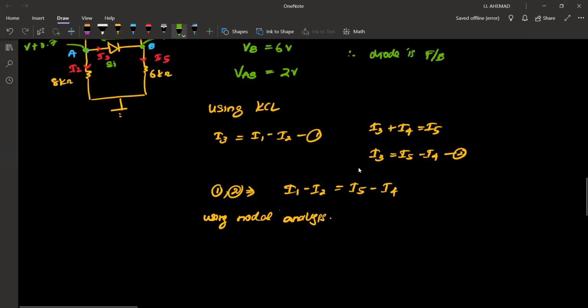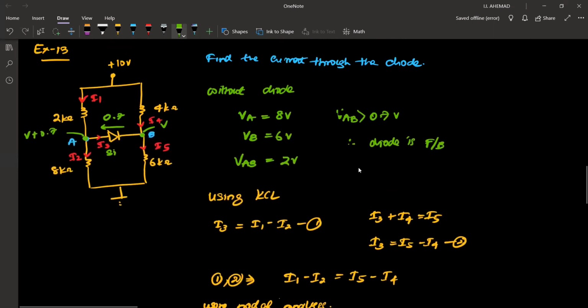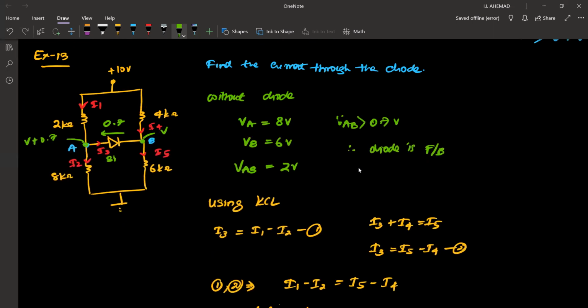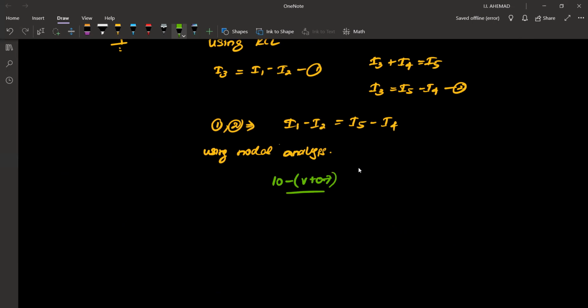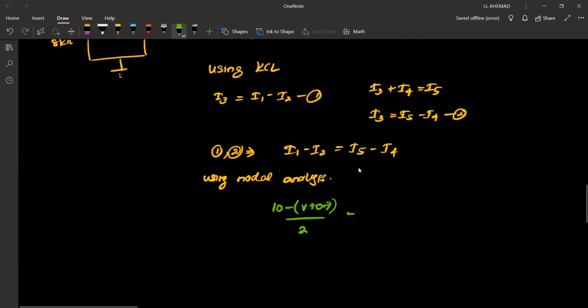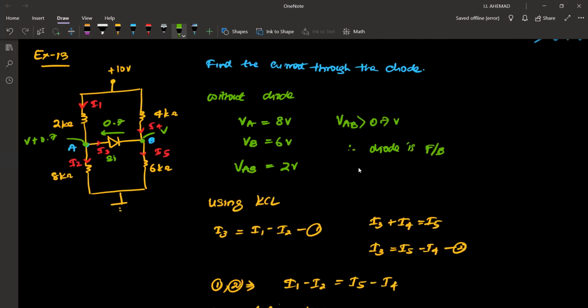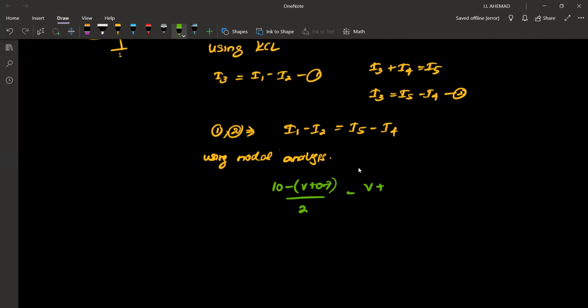We can write I1 as (10 minus (V plus 0.7)) over 2, minus I2, which is (V plus 0.7) over 8.